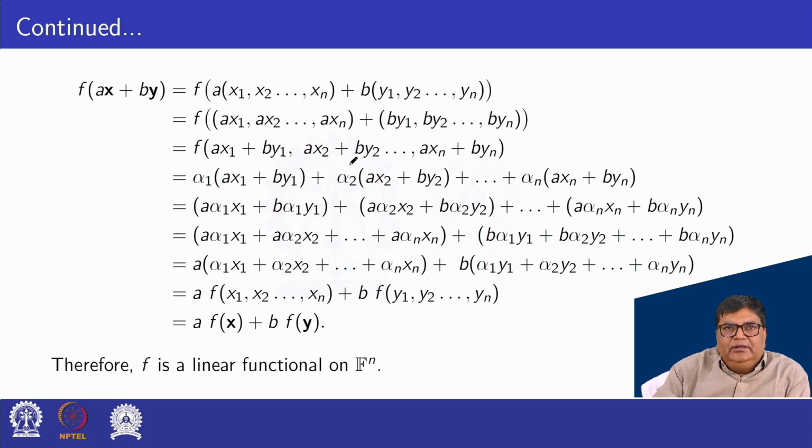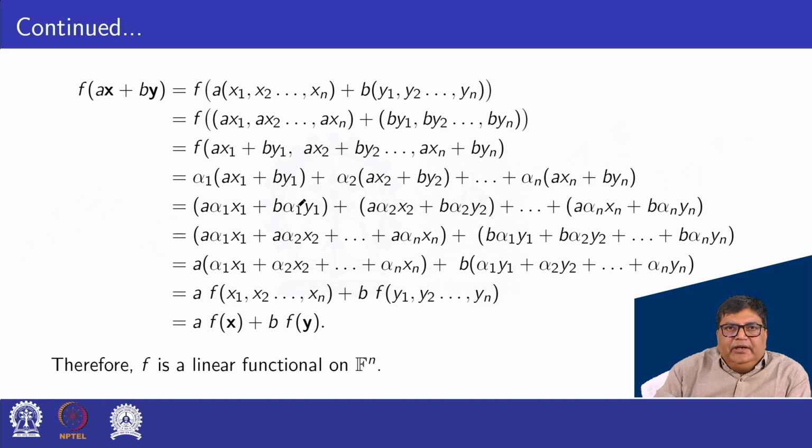So we can write this as alpha 1 (ax1 plus by1), alpha 2 (ax2 plus by2) plus and so on alpha n (axn plus byn). Here after multiplication of alpha 1, alpha 2 and so on alpha n, we can write a alpha 1 x1 plus b alpha 1 y1 plus a alpha 2 x2 plus b alpha 2 y2 plus and so on.